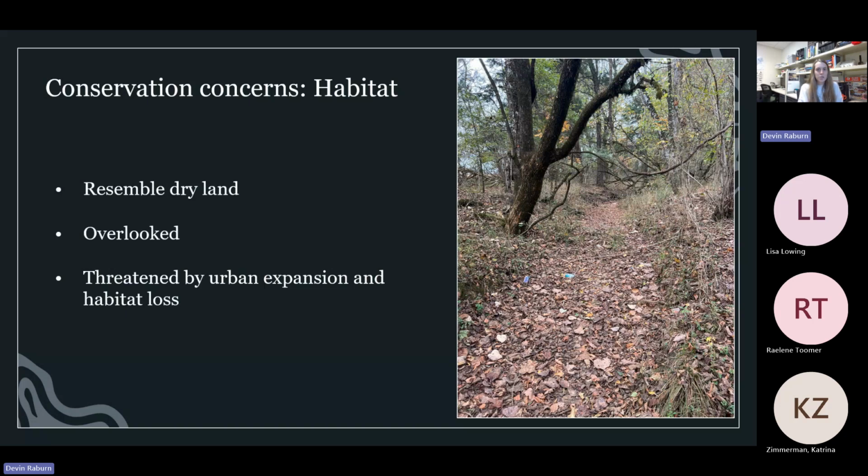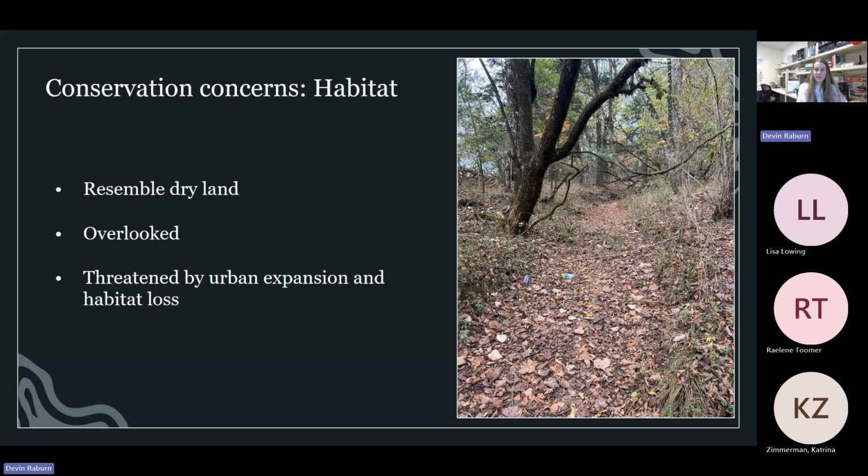So we can see in this picture, this is actually a stream channel during the dry season, and you wouldn't even know by looking at this picture that it has water during the rainy season, and you wouldn't even know that it harbors aquatic species, right? So that's just one thing to look out for.